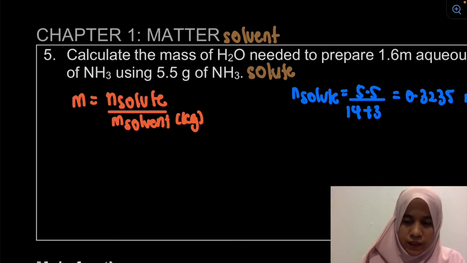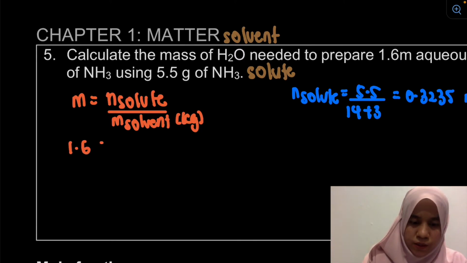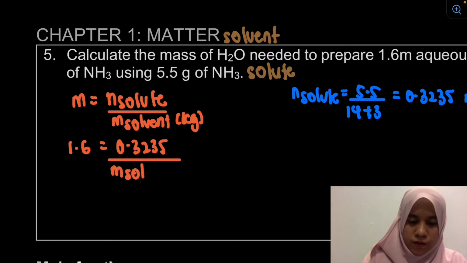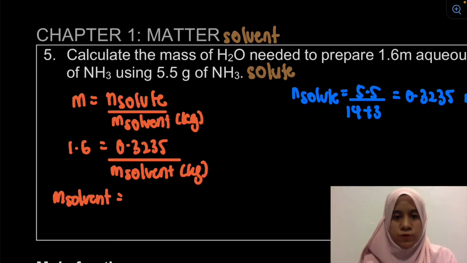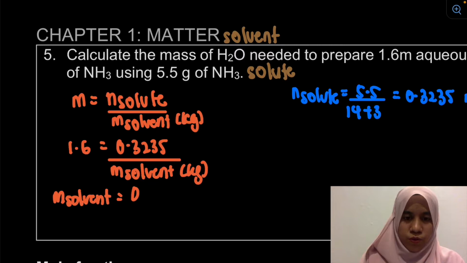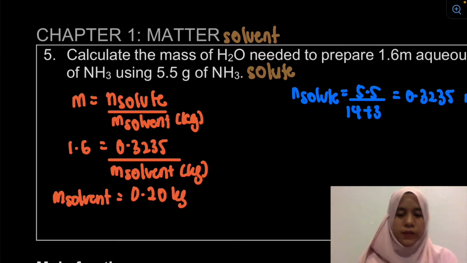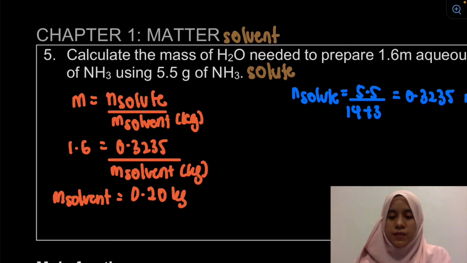So molality is 1.6 based on the question, equal to number of mole of solute, 0.3235, divided by mass of solvent in kilogram. So the mass of solvent is equal to 0.20 kilogram. Done, simple.